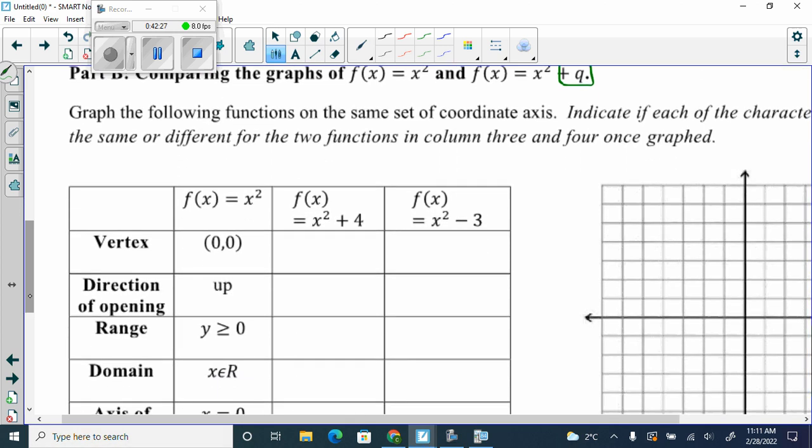So once again, I want you to go y equals x squared plus 4. So you're typing this into your calculator right now.